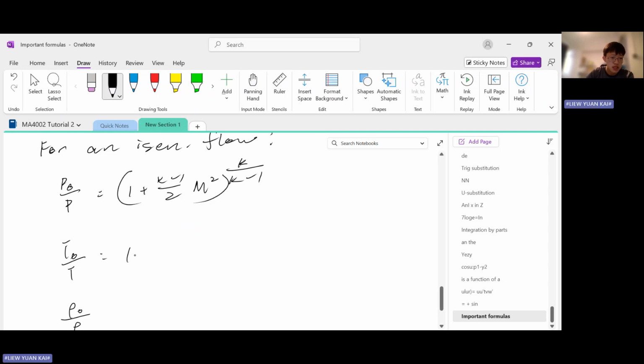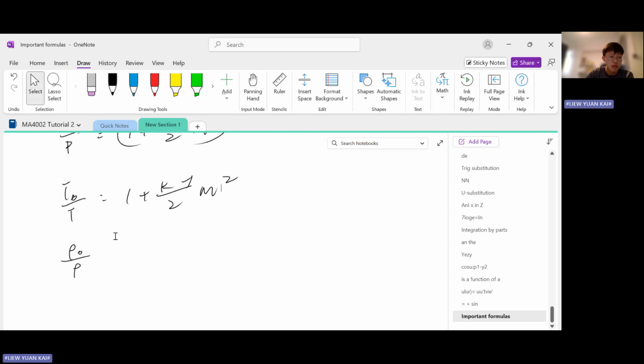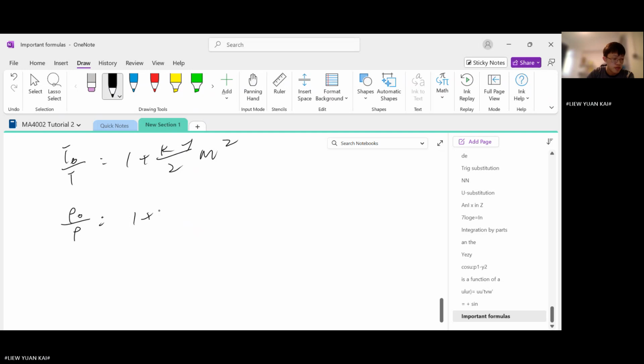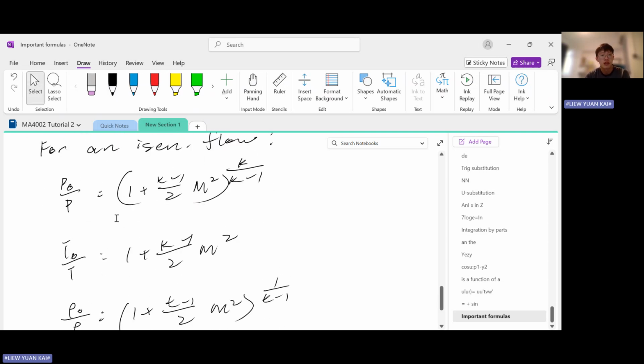Then for temperature, it's this formula. Then for density, it is this formula. Of course, you don't have to memorize this because you can bring it to the exam with you in a cheat sheet or get it from some reference book.